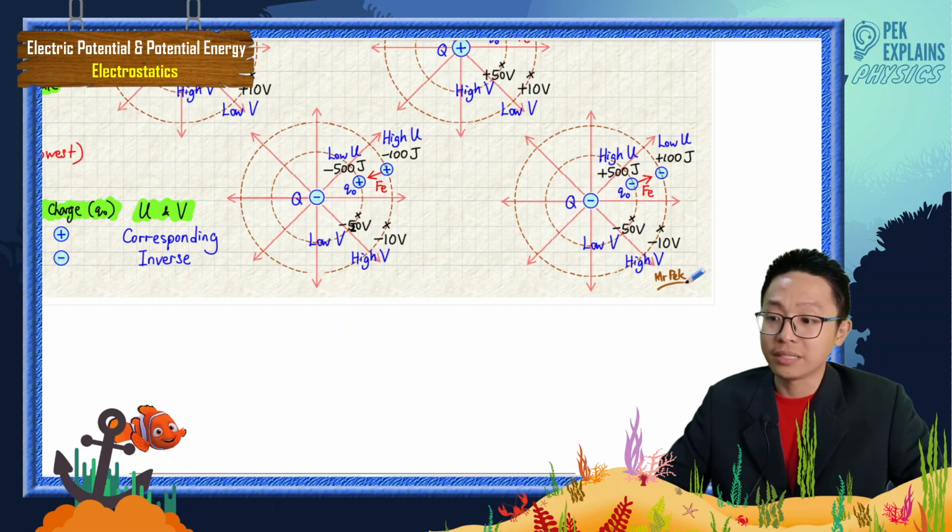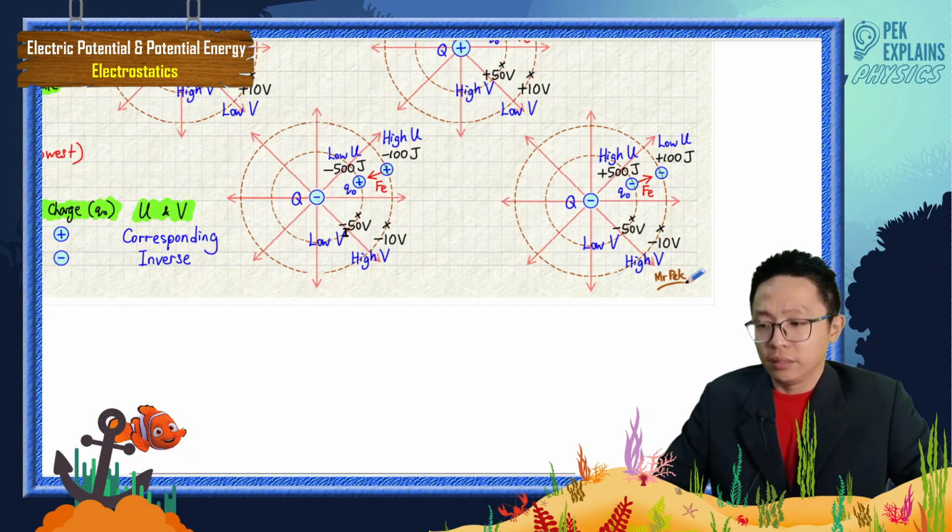See how important it is to understand the number scale? The more negative, the lower the value, the lower the potential. The less negative, the higher the value, the higher the potential. So negative 10 is high potential, the more negative is low potential.